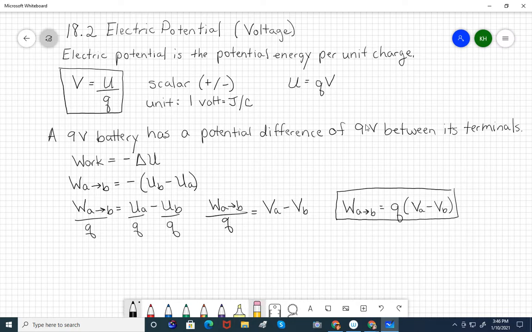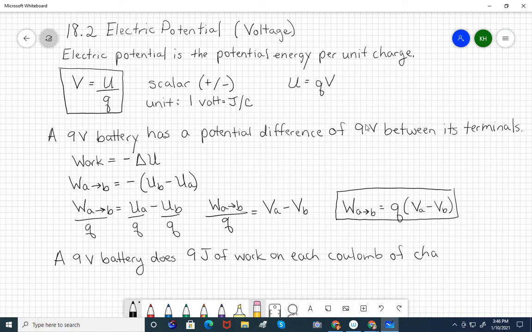In this case, if we take that same 9-volt battery, it means a 9-volt battery does 9 joules of work on each coulomb of charge that moves, say from terminal A to terminal B, from one terminal to the next.